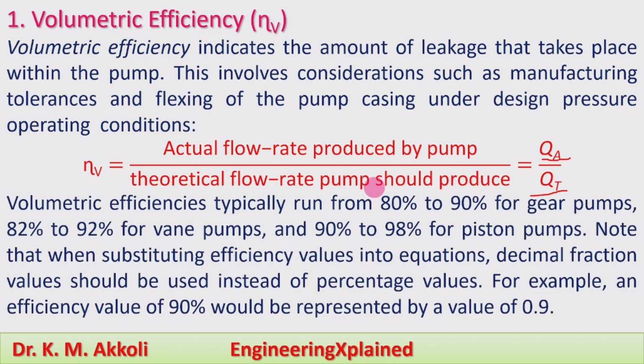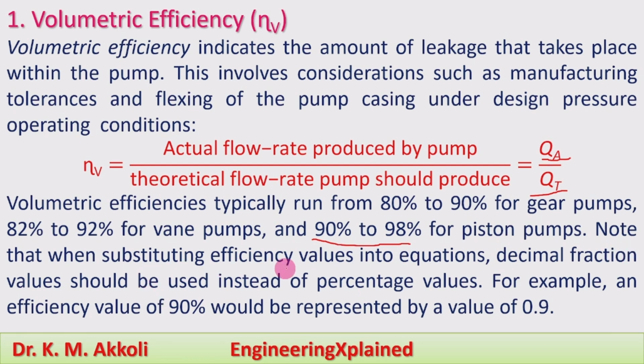The volumetric efficiencies typically run from 80% to 90% for gear pumps, 82 to 92% for vane pumps, and 90% to 98% for piston pumps. From this, we can see that piston pumps have the maximum efficiency.